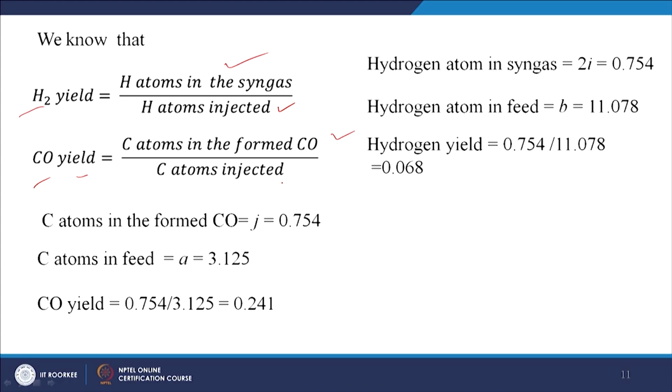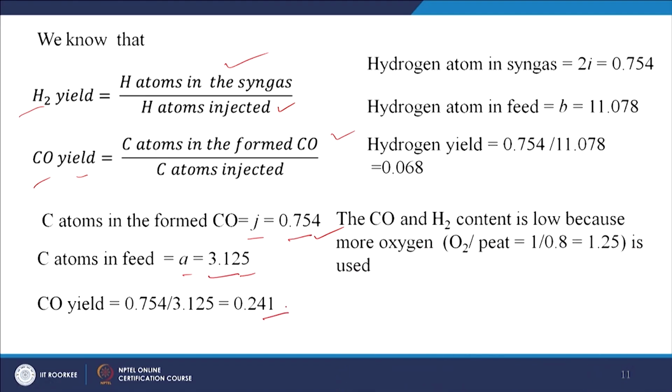So, in this case the carbon atoms formed, that is CO, the moles of CO, that is equal to J, that is equal to 0.754 we have got, and then carbon atoms in feed equal to how much, it was given A, that is 3.125. So, what is the CO yield, that is this divided by this, so 0.241.